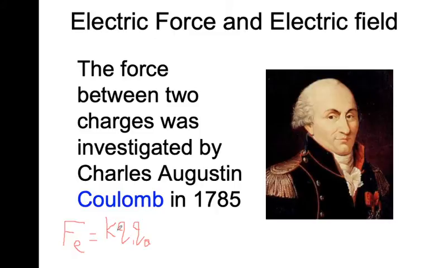If they're both positive, this is going to be a repelling electric force. If they're positive and negative, opposite charges, this is going to be an attractive electric force. And we're dividing this Coulomb's constant, times both charges multiplied together, by the distance between the two charges squared.